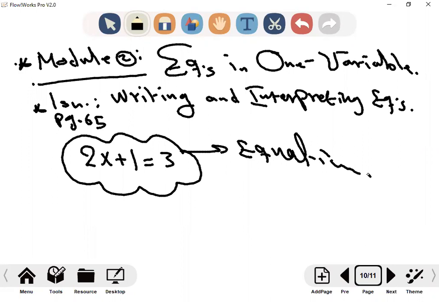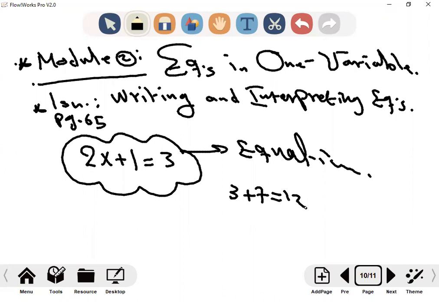Equation. But this we call a numerical equation. For example, 3 plus 7 equals 12. This is an equation. But 3 plus 7 is not 12. Equation means open sentence. It can be correct, it can be wrong, incorrect.